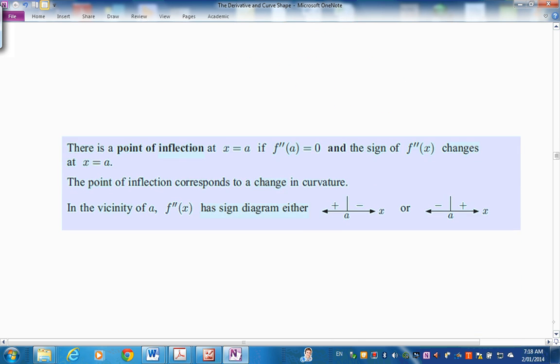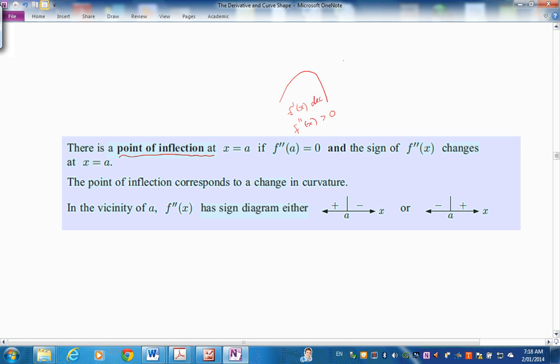Okay, let's have a look then. Here we are. Now, if there's a point of inflection, then what's going to happen? Well, there's a change of curvature. Okay, so we're going to say it's going from, say, concave down, and this is where f dash x is what? Decreasing. Okay, and so here the second derivative is greater than 0.